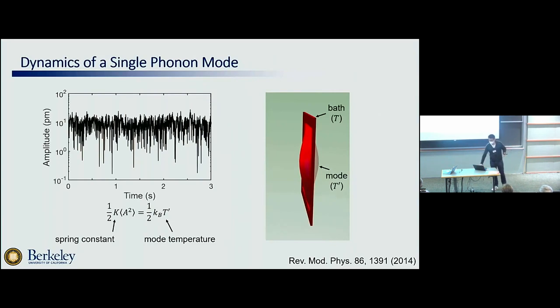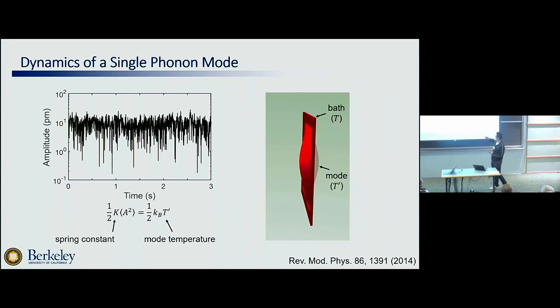For example, if you have a mechanical membrane in vacuum with nothing around, and there's a fundamental vibrational mode, like a drum, the mode vibration has an amplitude bouncing up and down, and the phase is irregular.